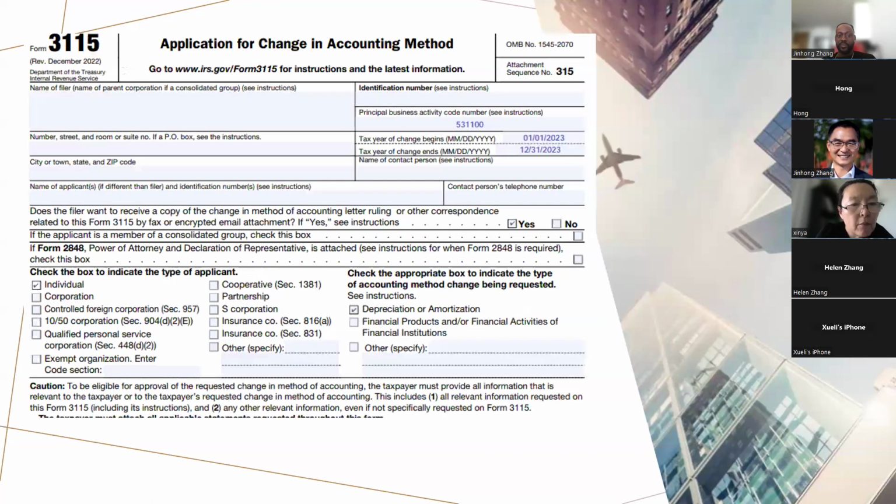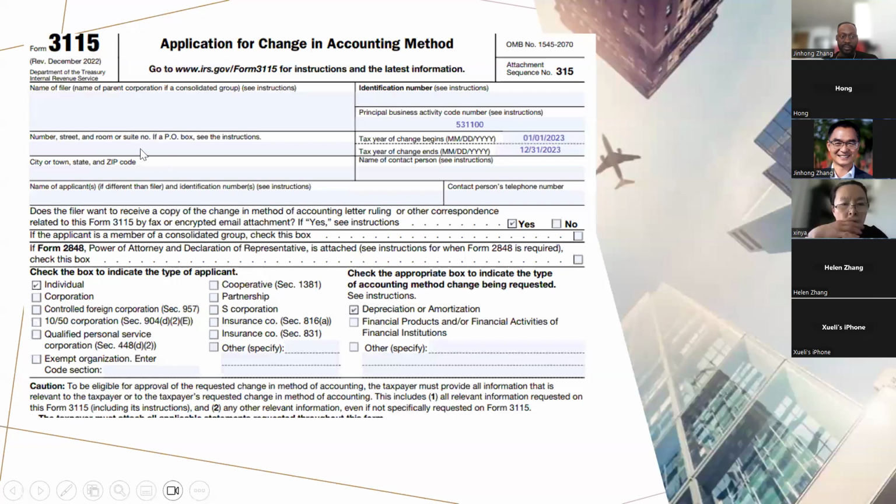So we're going to fill out the Form 3115 for them to be able to claim the depreciation that they previously did not take. This is the form here.